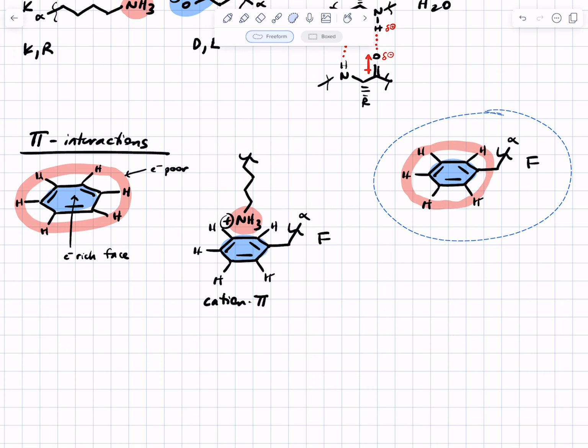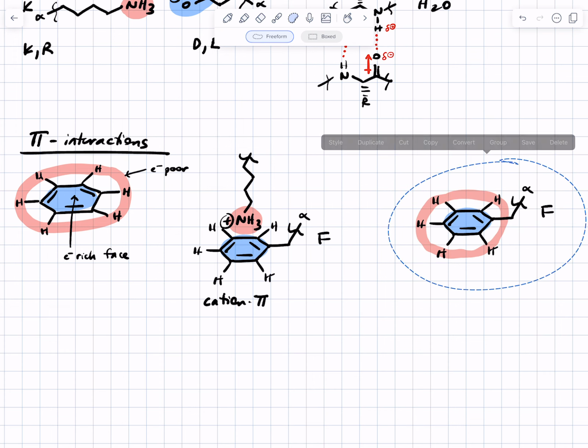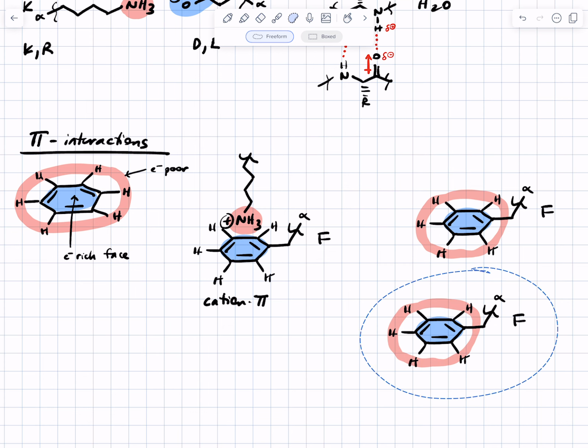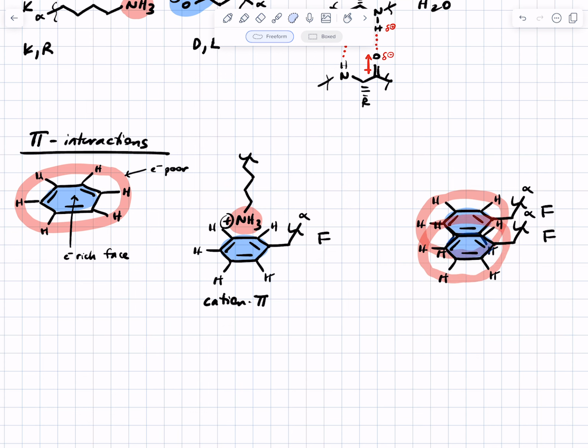Next, you could imagine that you could bring two aromatic side chains together, but you wouldn't expect them to be able to stack on top of each other in a straight line, because then the negative electron-rich faces would repel each other, the positive electron-poor edges would repel each other.